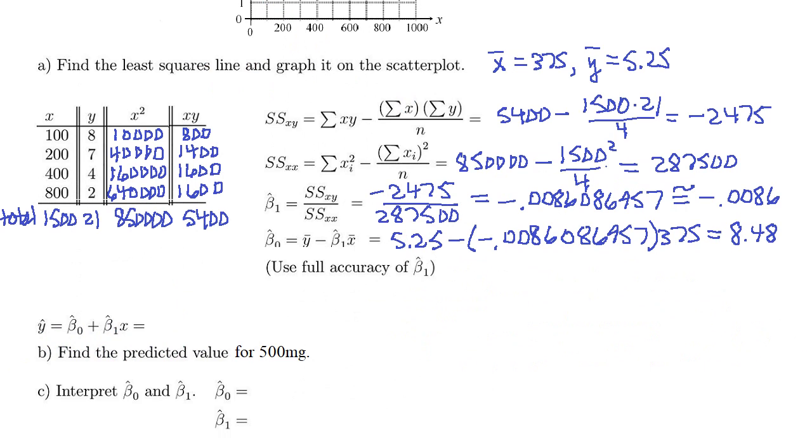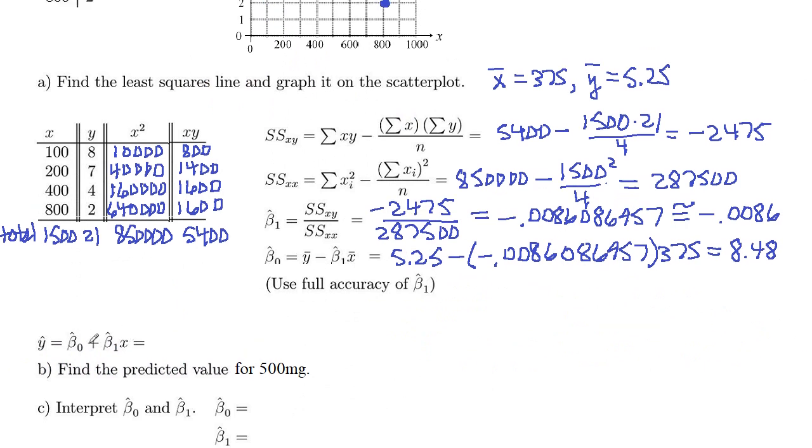So now we've got our least squares regression line here, beta 0 hat plus beta 1 hat x. We will put that y-intercept out in front, 8.48 minus 0.0086 x.